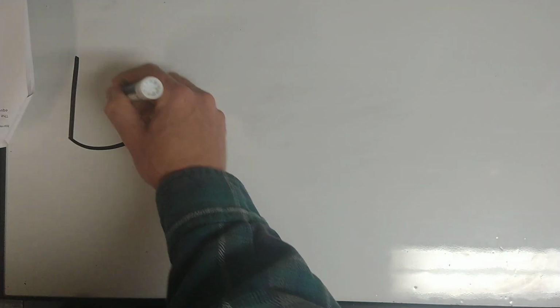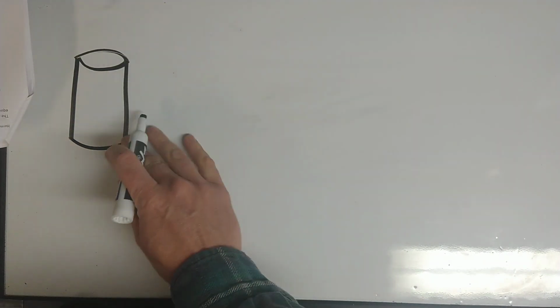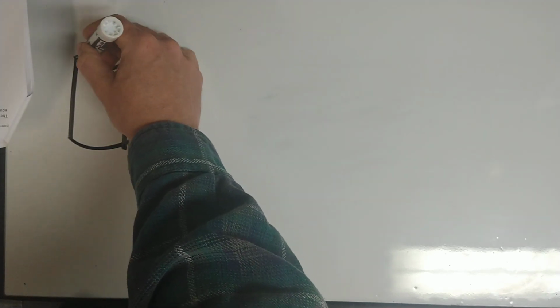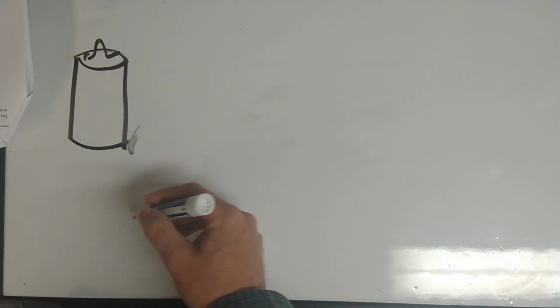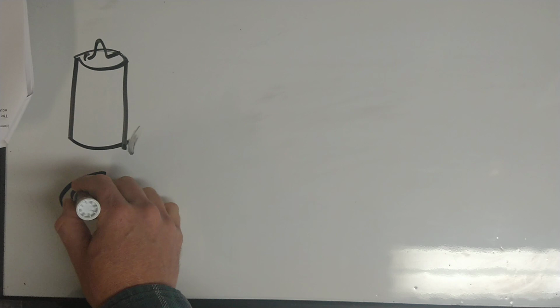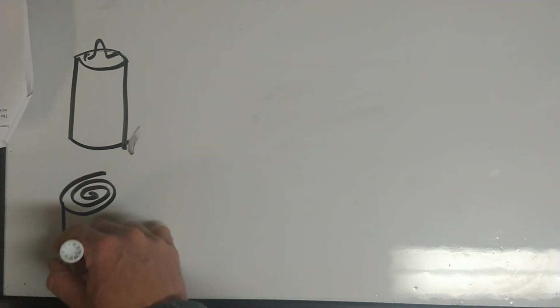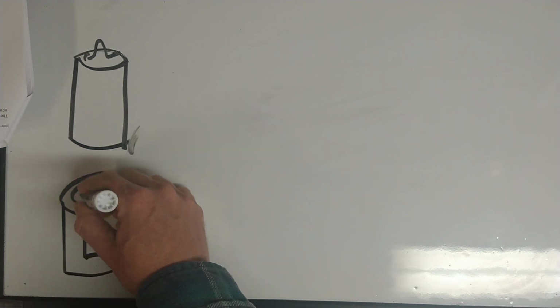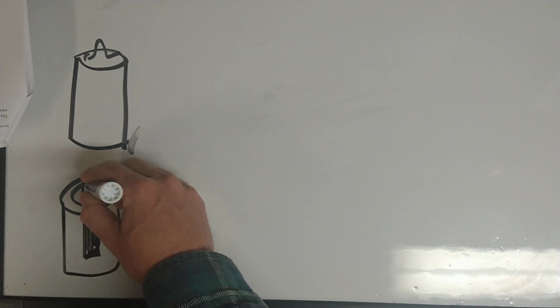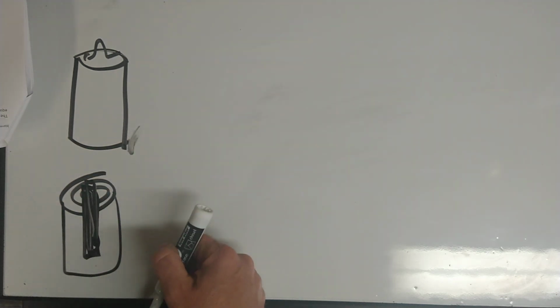So a battery is essentially an electrochemical cell packaged inside of a nice metal housing, right? And what it is, it's actually a coil of materials wrapped up sometimes, or it's like a paste with an anode or cathode put down in it.